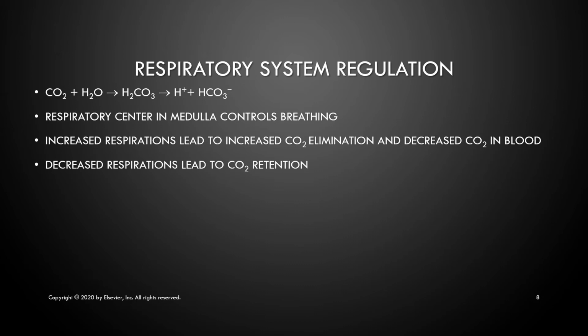So in alkalosis, or if your patient has alkalosis, then the respiratory system is going to tell the lungs to stop excreting the CO2. We want to decrease these respirations so that our body will hold on to the CO2 and increase the amount of carbonic acid that's in the body.